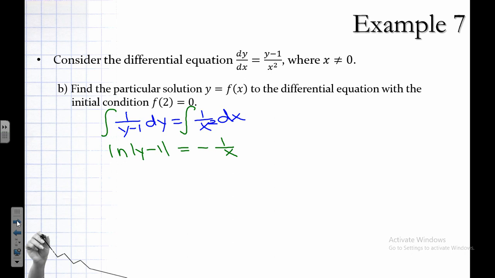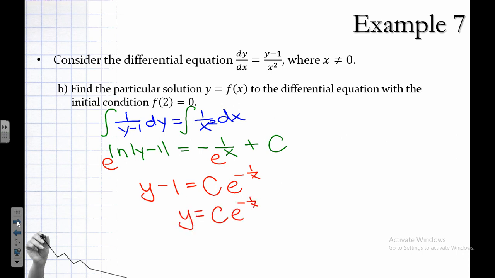So it's just negative 1 over x plus c. So when we exponentiate both sides, we get y minus 1 equals c e to the negative 1 over x. And then we have to add 1.